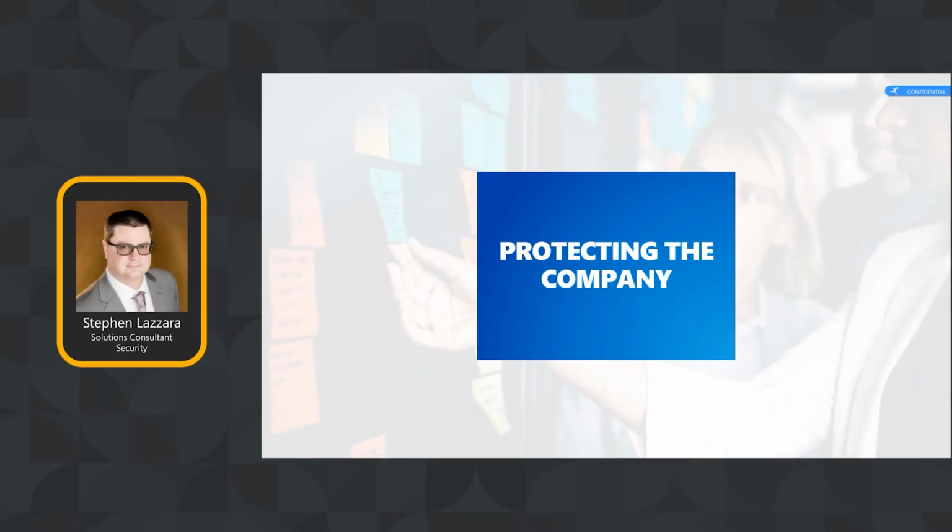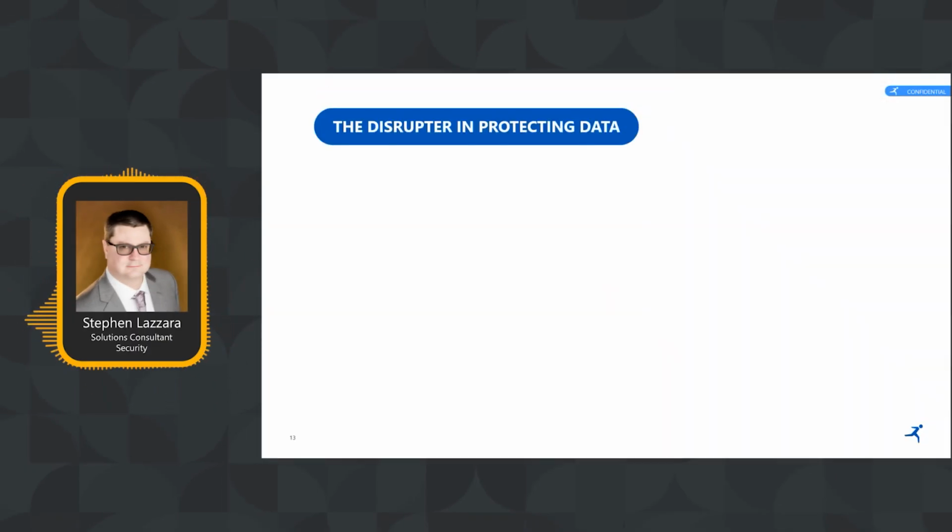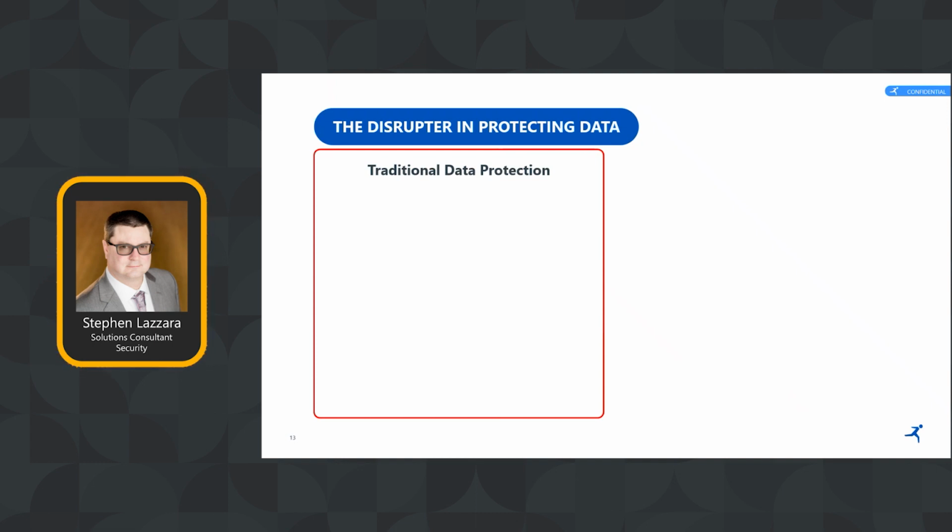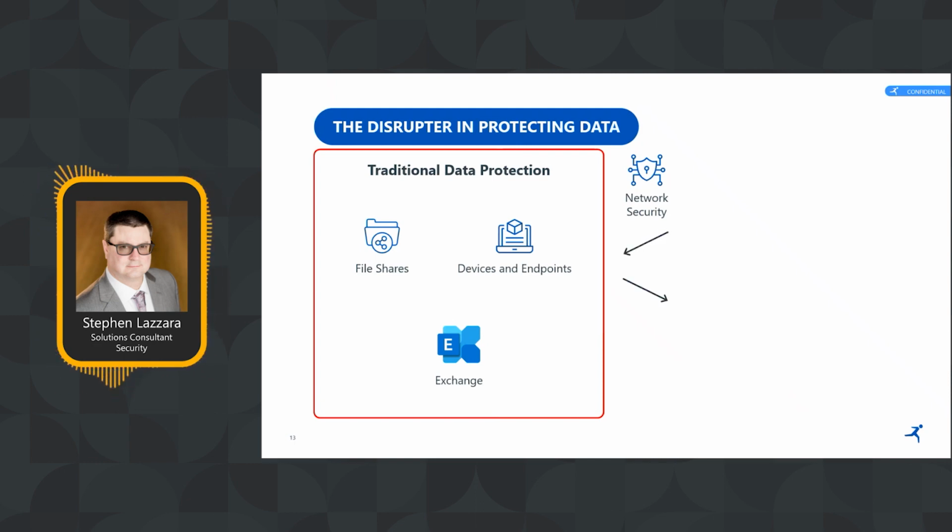So the goal here is to protect the company. And there's been a big disruptor in terms of protecting data. And that disruptor is the fact that in traditional data protection, we would depend upon network security. We'd have our file shares, our devices, endpoints, all of the different pieces that we're protecting, and they would be bound inside of our network security.